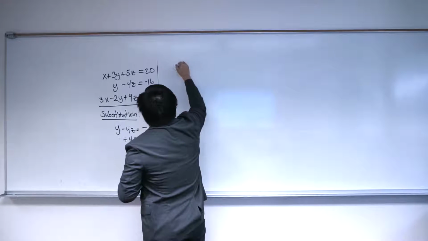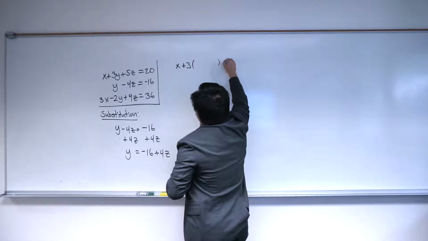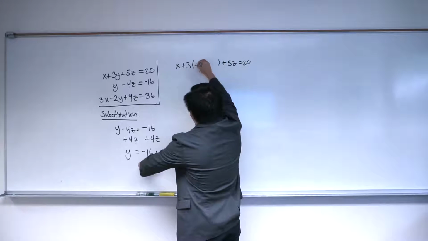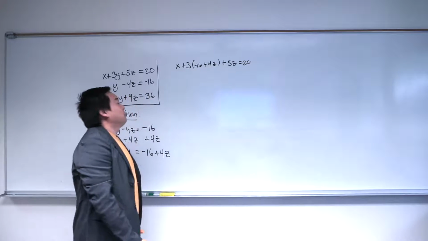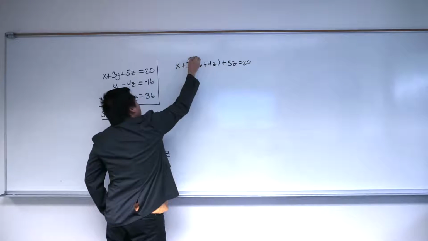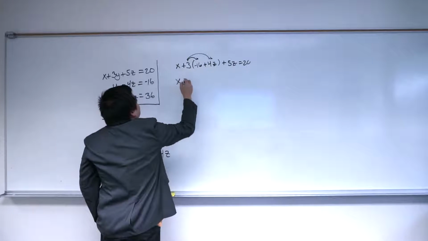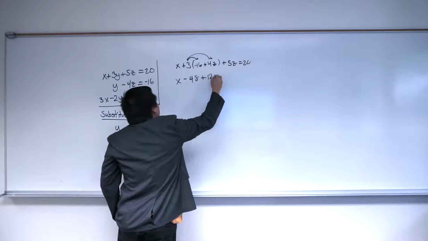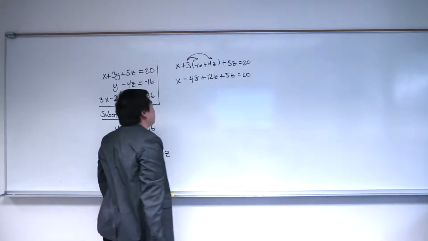For the first equation, put parentheses around the y, and plug in negative 16 plus 4z. So let's do the distribution. So x minus 48 plus 12z plus 5z is 20.